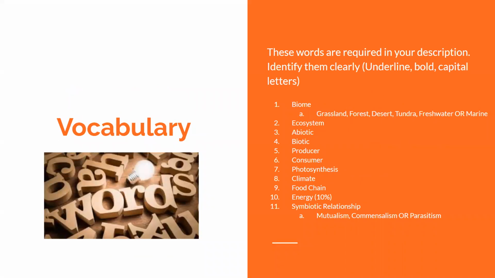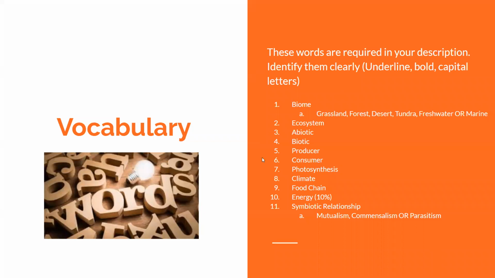While you're creating this model, you need to create a description. Somehow you need to get these words included in your model. So whether you create a key that you are describing, or you are writing in a Google Doc and describing your ecosystem and then drawing it someplace else, that's totally fine.